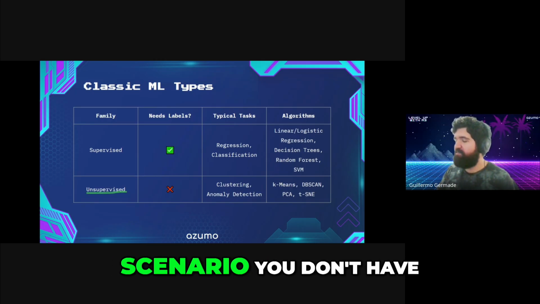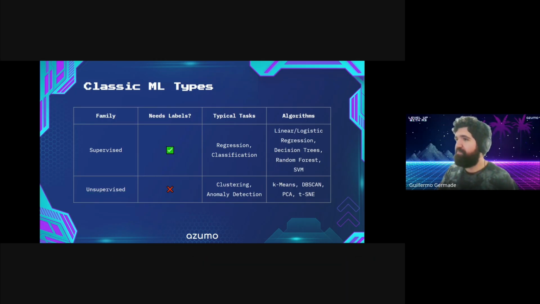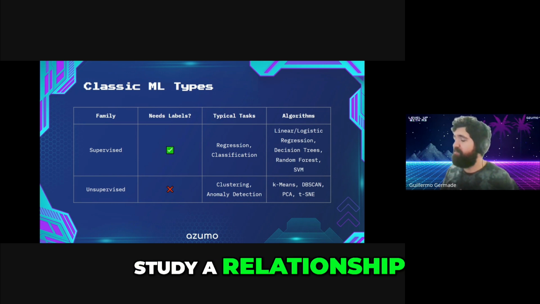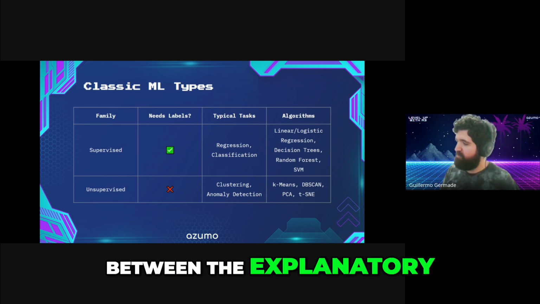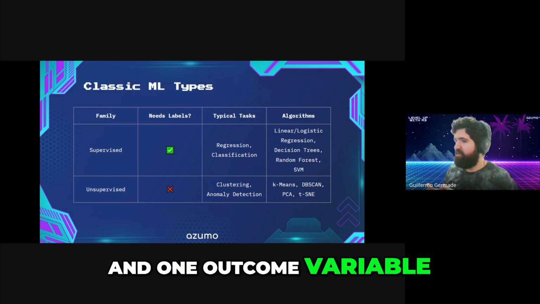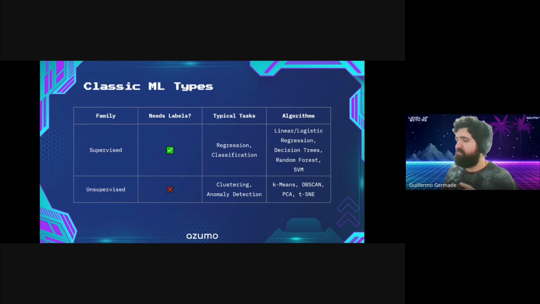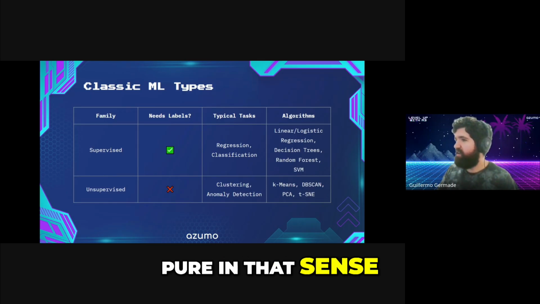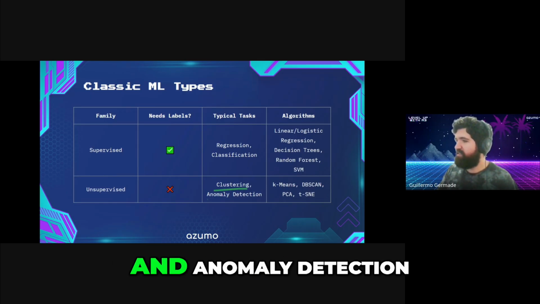So in this scenario, you don't study a relationship between the explanatory variables and one outcome variable. You're just studying patterns in the data set by itself. So it's more pure in that sense. And typical tasks include clustering and anomaly detection.